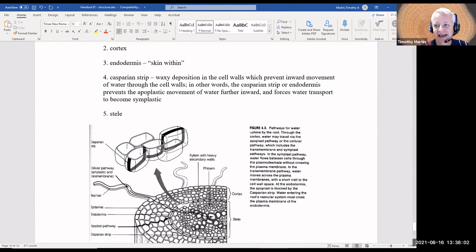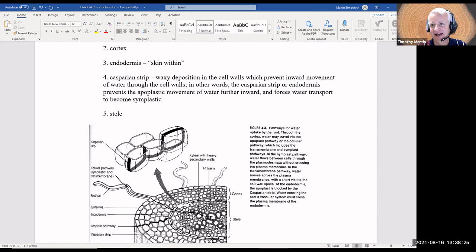So essentially that endodermis, that inner skin layer, provides an additional layer of protection where any water being transported further in has to go through a cell membrane. And that essentially acts as a secondary filter in the water that's being taken up.